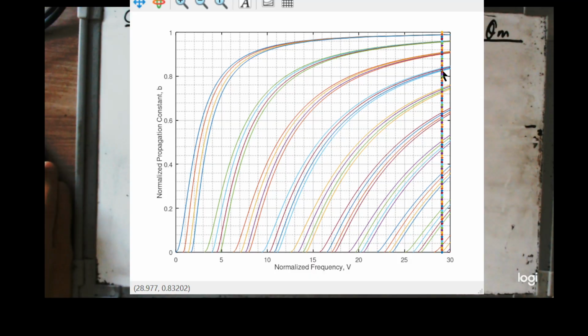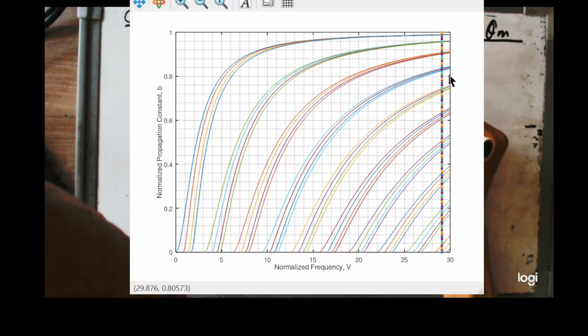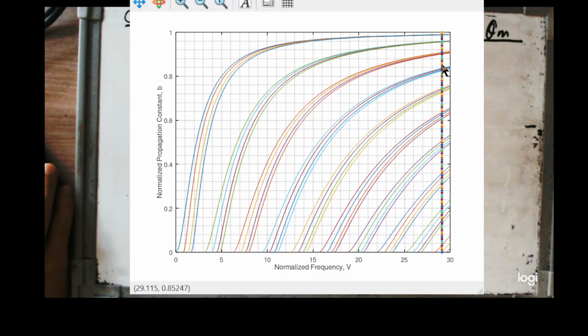And 0.832. And here, you need to point your cursor to the uppermost curve.